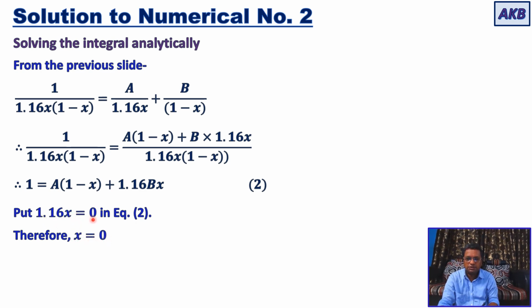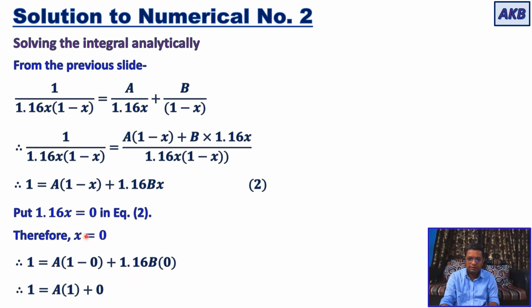Therefore I have 1 is equal to a into 1 minus 0, since x is replaced with 0, plus 1.16 into b into 0. This will be 0, and 1 minus 0 is 1. So we have 1 is equal to a into 1 plus 0, which gives us a as 1. Okay, so now we have got the value for a.